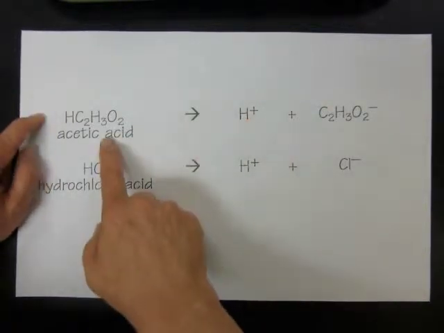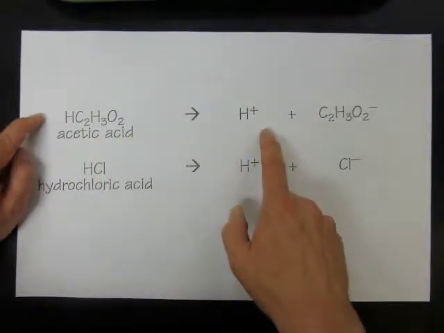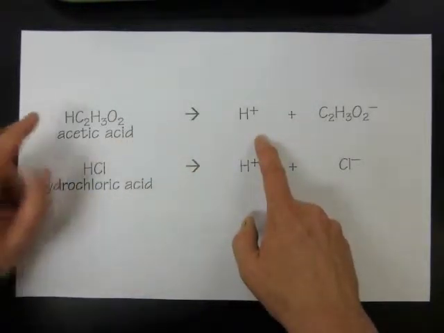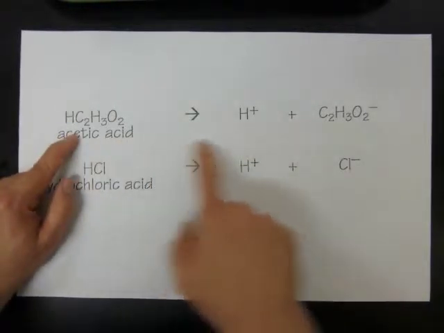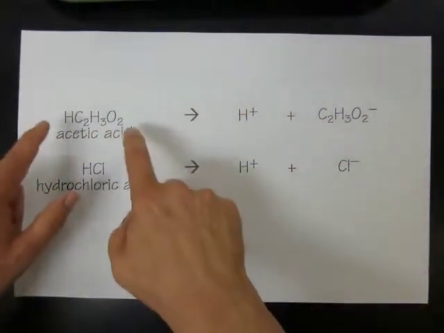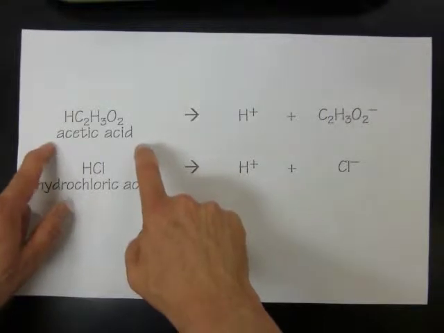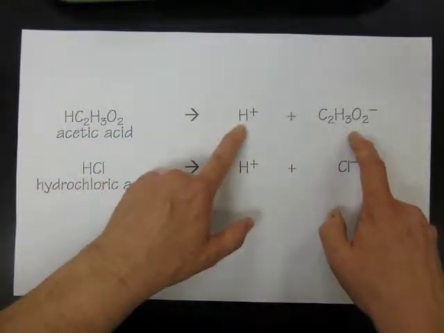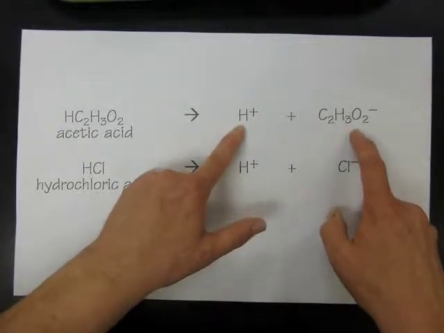The amount of the acid and the amount of the hydrogen ion that dissociates from the acid should be equal if 100% of the acid dissociates. If all of this is used up to make all of these, then however many units of the acid I started with, I should end with the same number of units of each the hydrogen ion and the conjugate base.